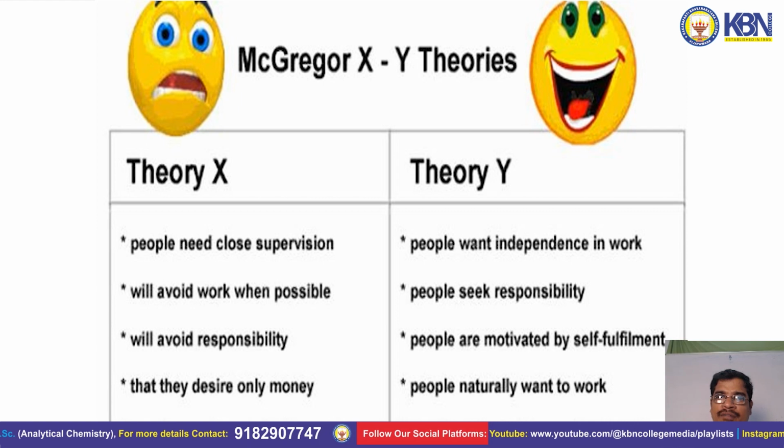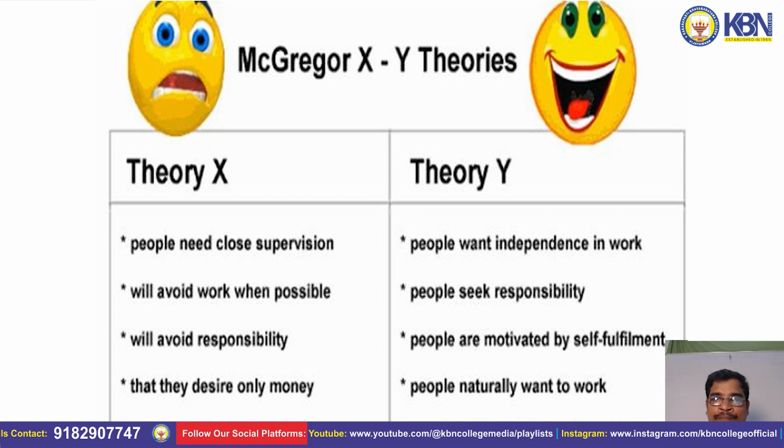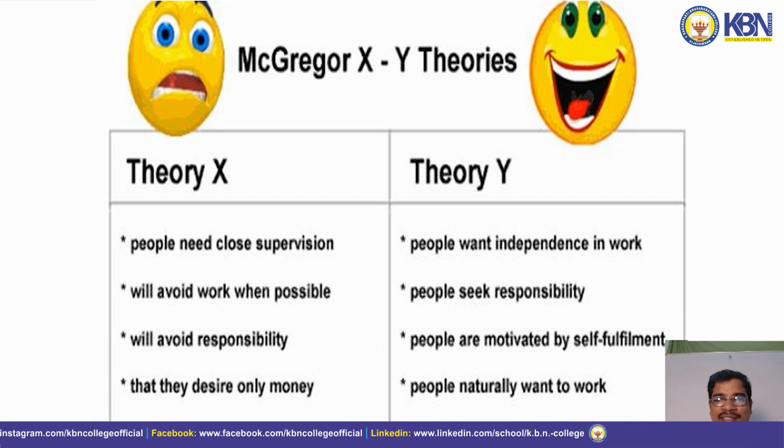And the third theory we have got is McGregor's Theory X and Theory Y. Professor Douglas McGregor has explained his view on motivation, and after conducting a lot of experiments and research on employee behaviors, morals, attitudes, mindsets, and intellectualities, he identified that there are two different kinds of employees in the organization.